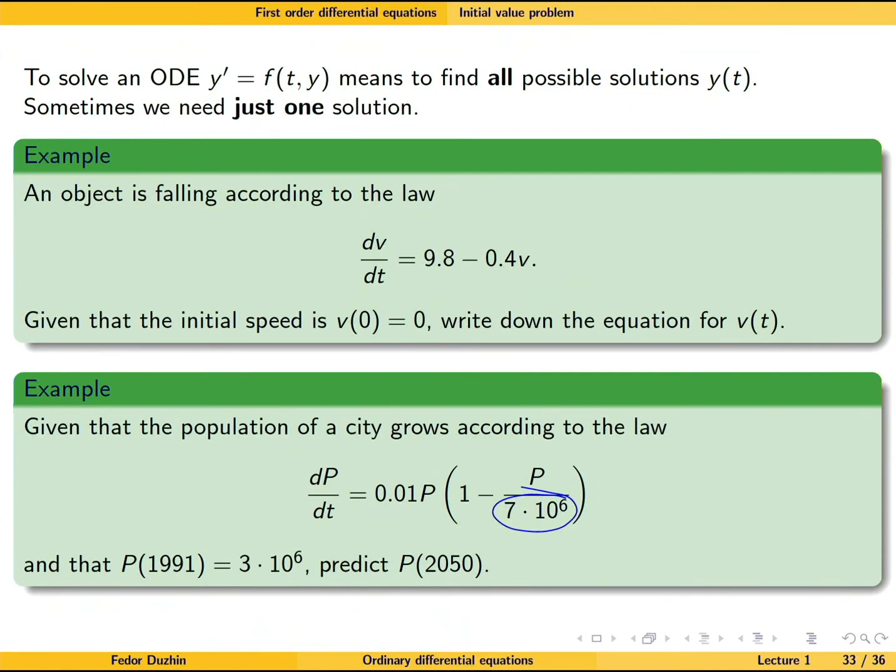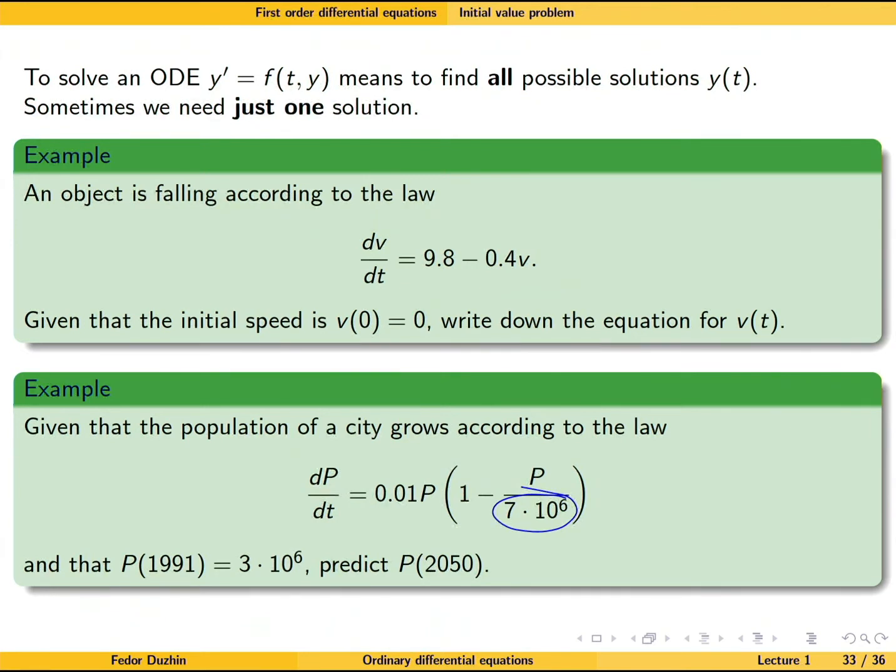Well, just some rough estimate. Of course, in reality, it probably does not exactly follow the logistic differential equation. But if we don't know anything at all, then an educated guess based on the logistic differential equation is at least going to give us some reasonable estimate, right?